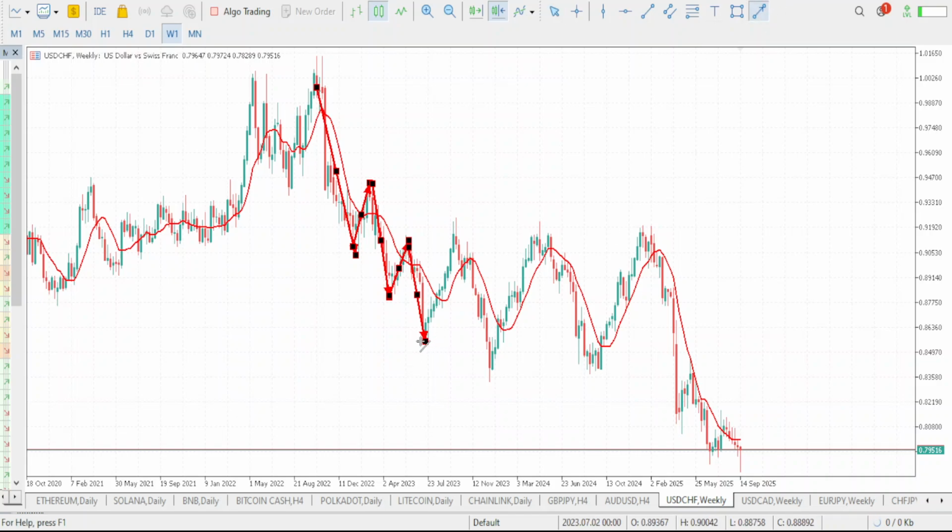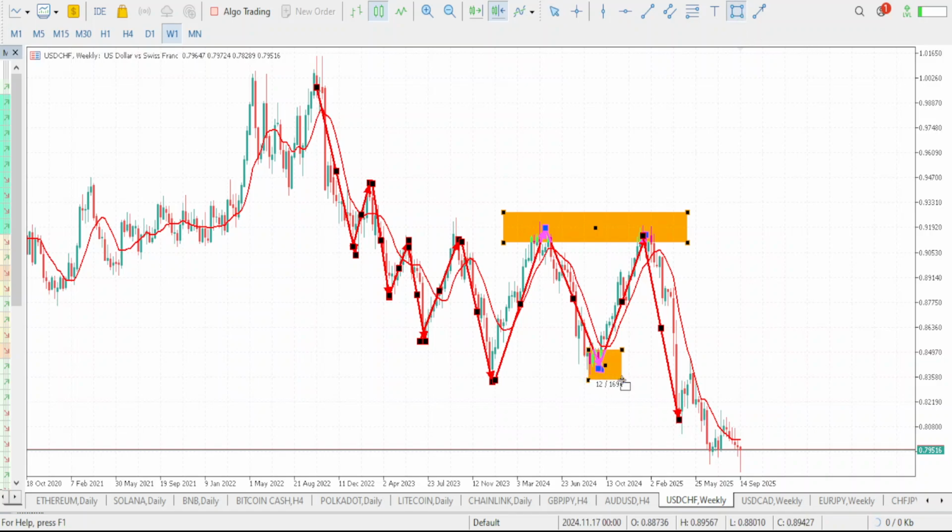Then we had this corrective wave, impulsive move. Then we had this corrective wave. The market dropped and eventually came to retest it, something like a double top, right? Then we had this impulsive move, which you might see broke our neckline here.